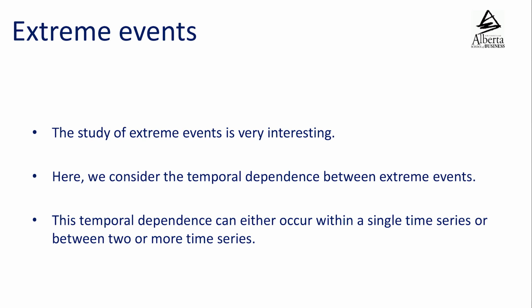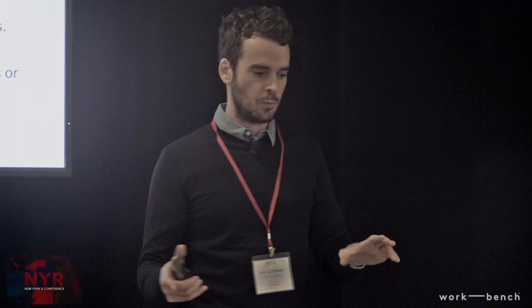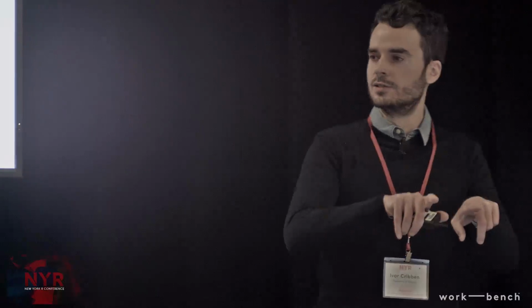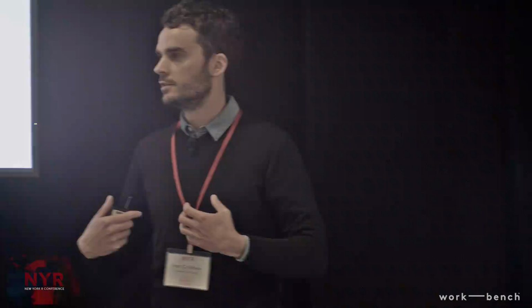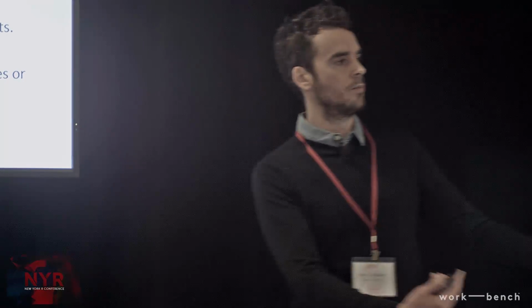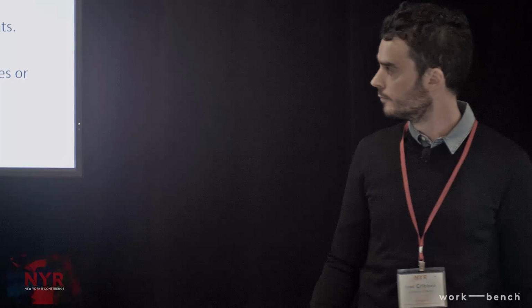But what we're interested in today is the dependence between extreme events, okay? This temporal dependence can be within one time series, or probably what's more interesting is the extremal dependence across time series, okay? So given there's an extreme event in one time series, what's the probability there's an extreme event in another time series in the future?